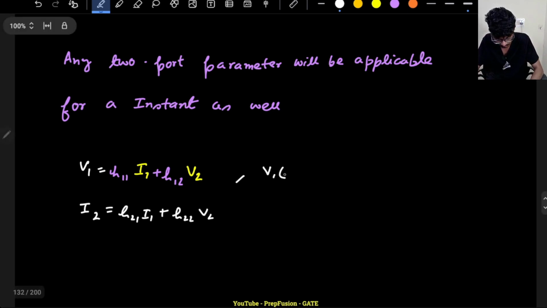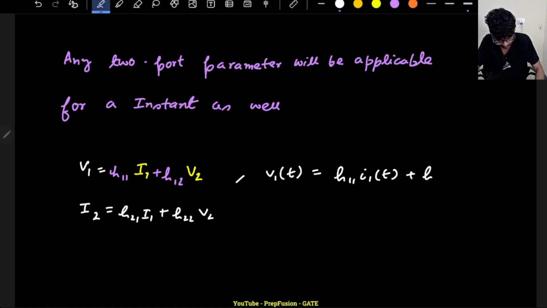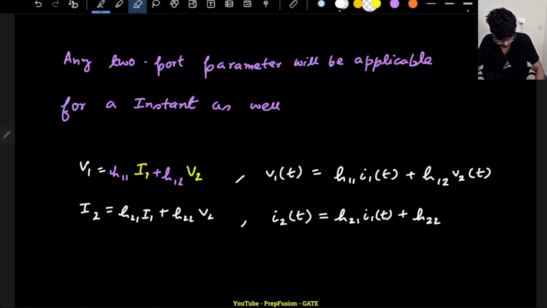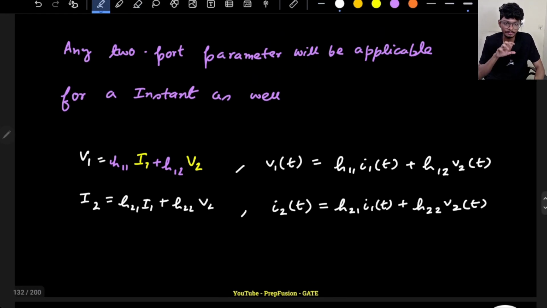So I can write v1 of t equals H11 into i1 of t plus H12 into v2 of t, and i2 of t equals H21 into i1 of t plus H22 into v2 of t. Instantaneous quantities we generally write in small letters. So these are the parameters basically.